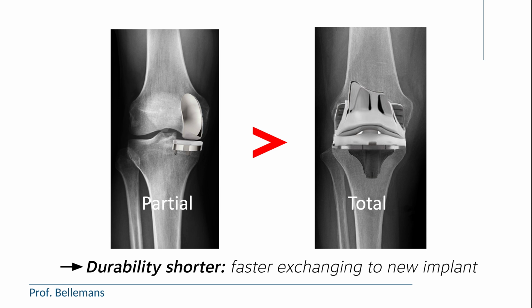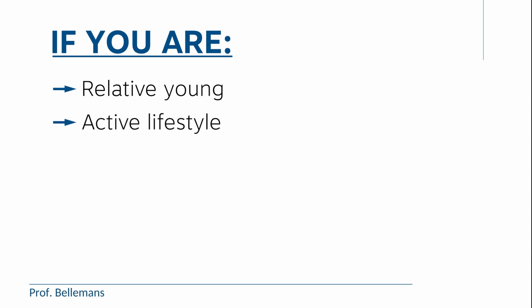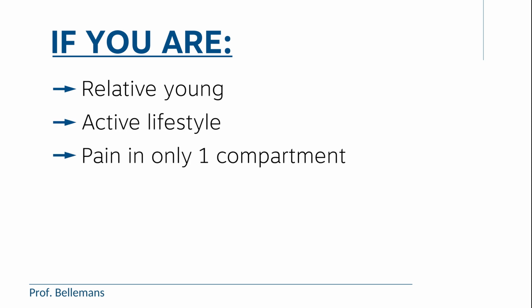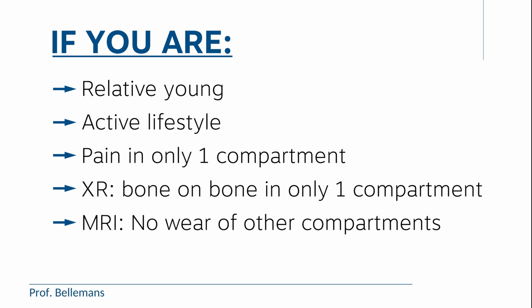So, what does all of that mean, and what is my advice? Well, first, if you are relatively young, let's say below 65, and you have an active lifestyle, and you have pain in only one compartment, for example the medial side of the knee, and on radiograph there is only bone on bone on that medial side, and on the MRI there is no excessive aging or wear of the other compartments, then you are an ideal candidate for partial replacement.